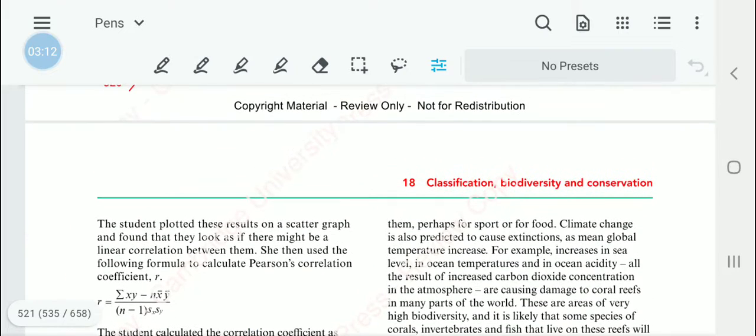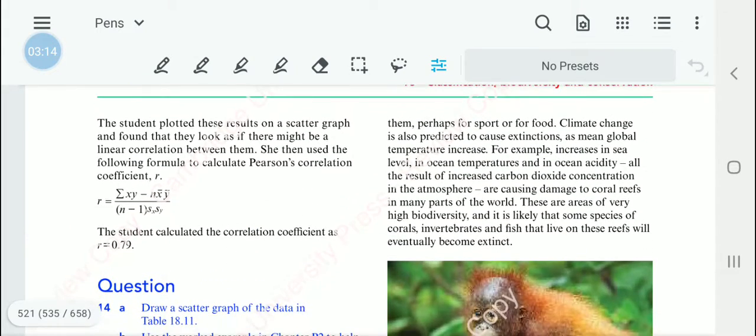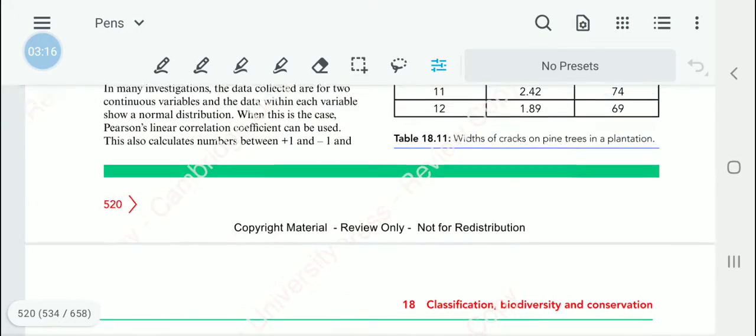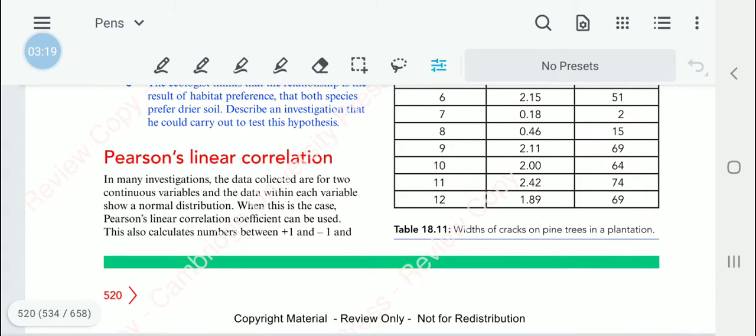Let's write down a note on this before you go to question number 14. Pearson's linear correlation. If the data collected are of two continuous variables and if they lie normally in the distribution, we can use Pearson's linear correlation to find the coefficient.